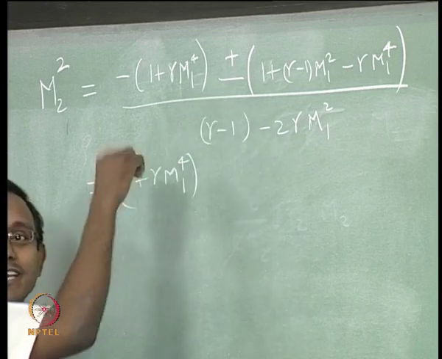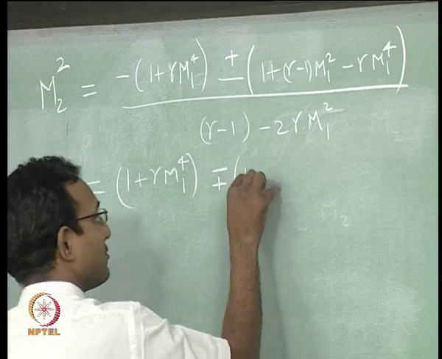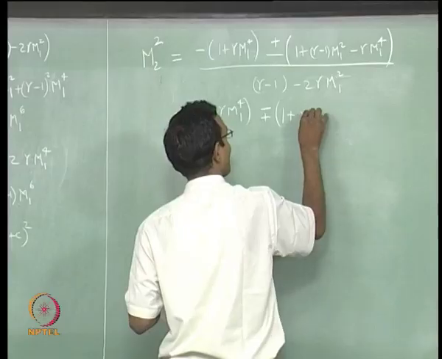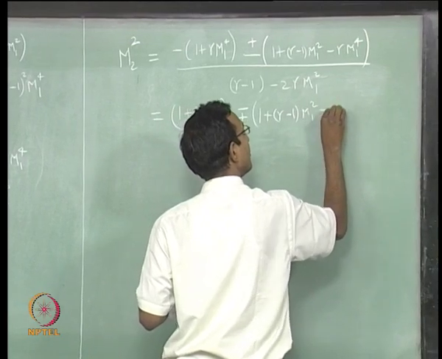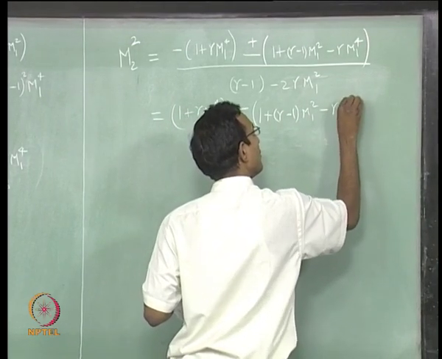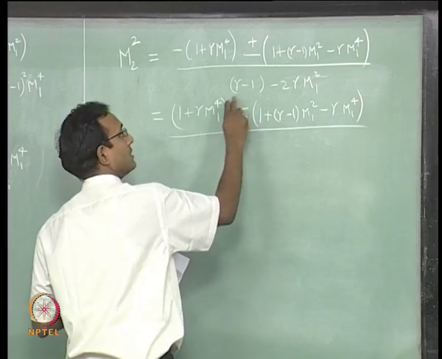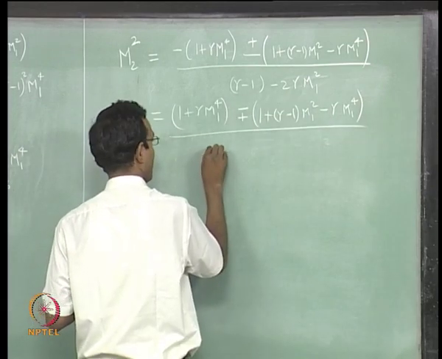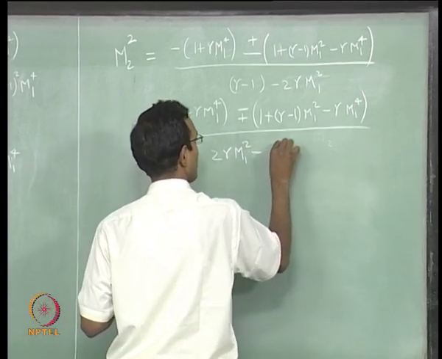Ideally I should write it as minus plus if we want to worry about which solution is first and stuff. We won't worry about it really. Since I multiplied the denominator with minus 1, it will become 2 gamma m1 square minus gamma minus 1.